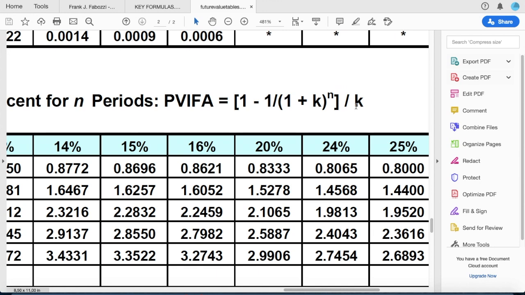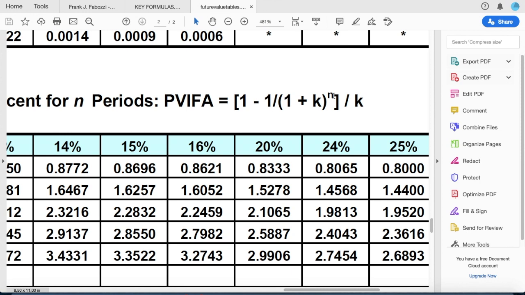So if we want to translate this formula into the data of our exercise, K, which is the discount rate, will be replaced by the yield to maturity, while n will be replaced by the number of periods, right? So all we have to do is to rewrite this formula into Excel.